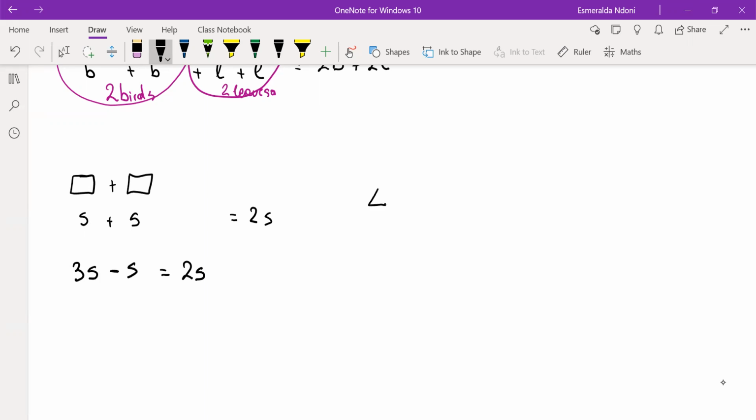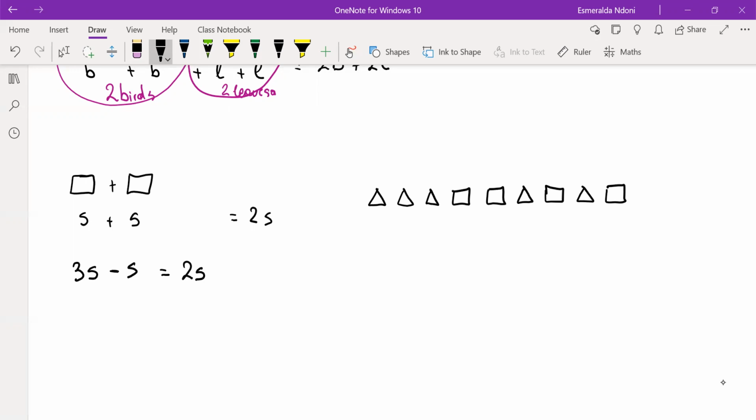I am going to draw a few shapes. And I am going to ask you, how can we add this together?